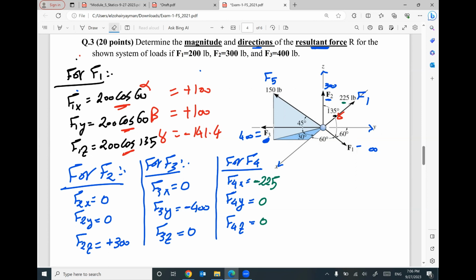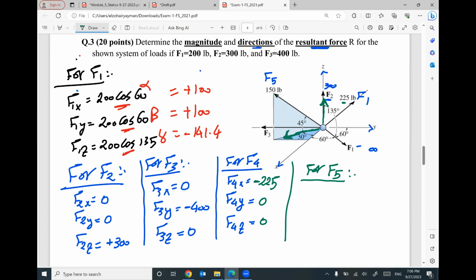Then I need to look for F5. F5 is given with a projection line. This is your projection line. So I need to break F5 between the projection line and your z-axis using the angle between the two green lines.